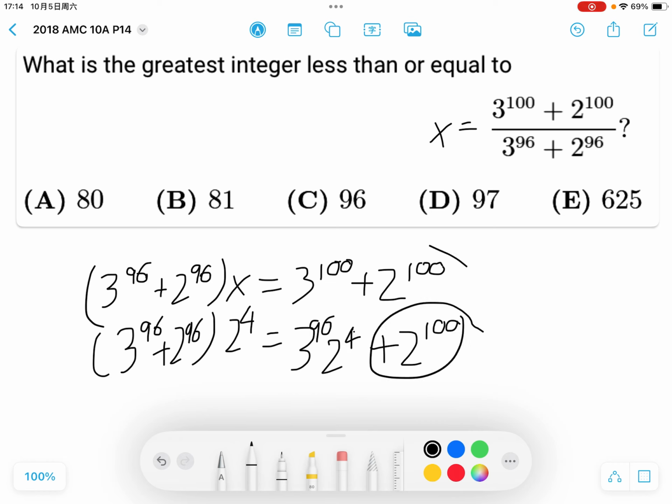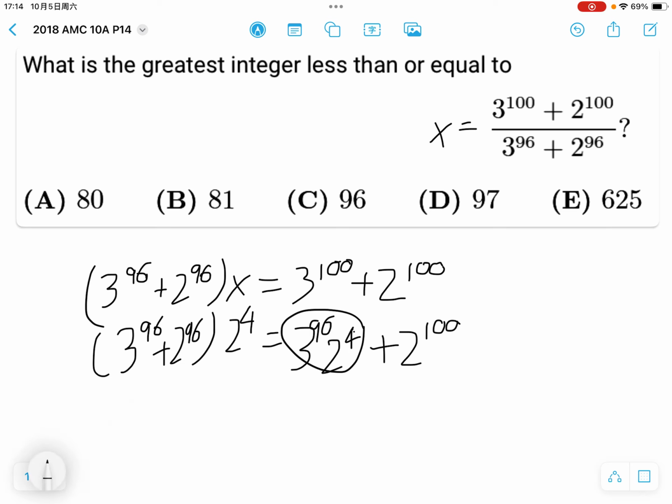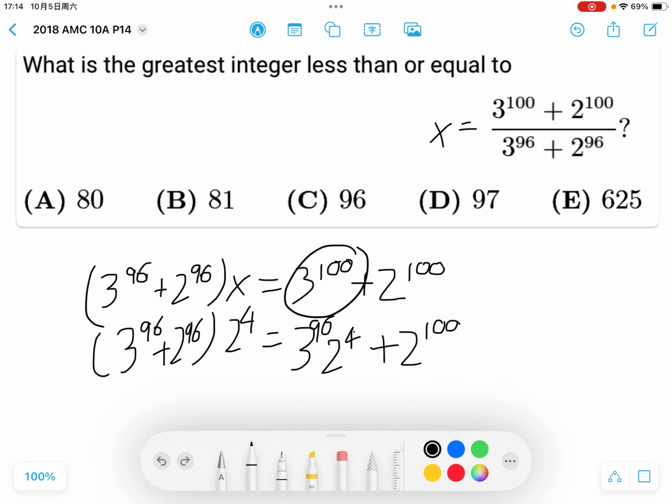Now, sure, these two terms match, but note that this term is way smaller than this term. Why? Because when you compare these two values, when you subtract the values from one another, these two cancel out. And then you have 3 to the power of 100, which is just 3 to the power of 96 times 3 to the power of 4 minus 3 to the power of 96 times 2 to the power of 4.